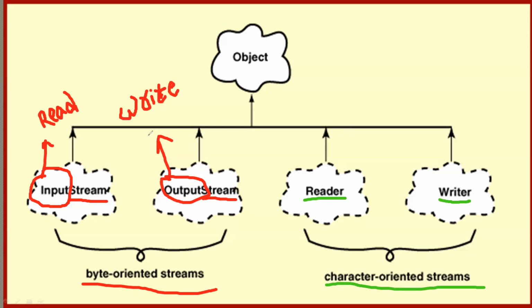So the classes whose names end with stream come under byte-oriented classes. If they have input, they are used to read the data, and if they have output in their names, they are used to write the data.